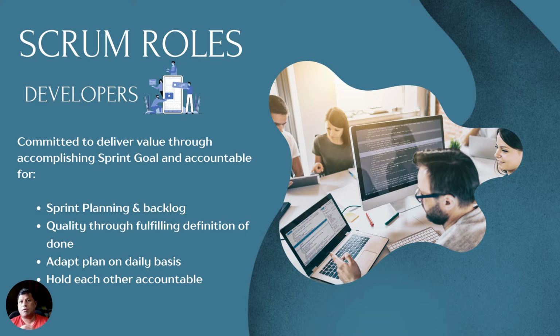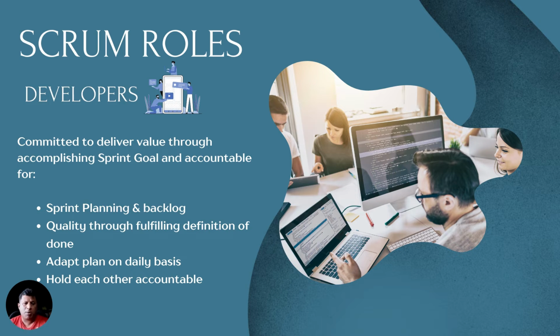So they are the people who, along with the product owner, define the sprint goal, and they are committing to deliver value. That means, as a team, we need to understand quite well, by accomplishing or delivering this particular outcome in a given sprint, what is the value it is providing to the customer, right? That is very, very important to understand as a developer.